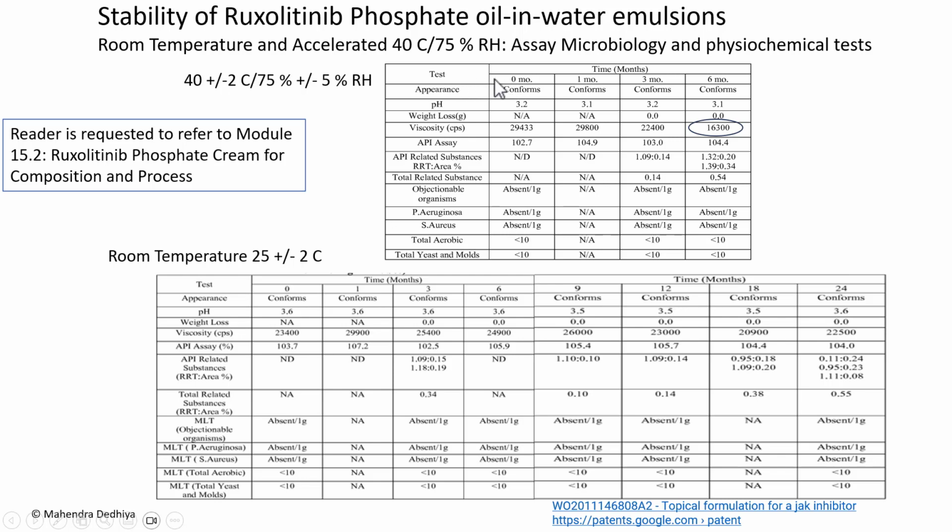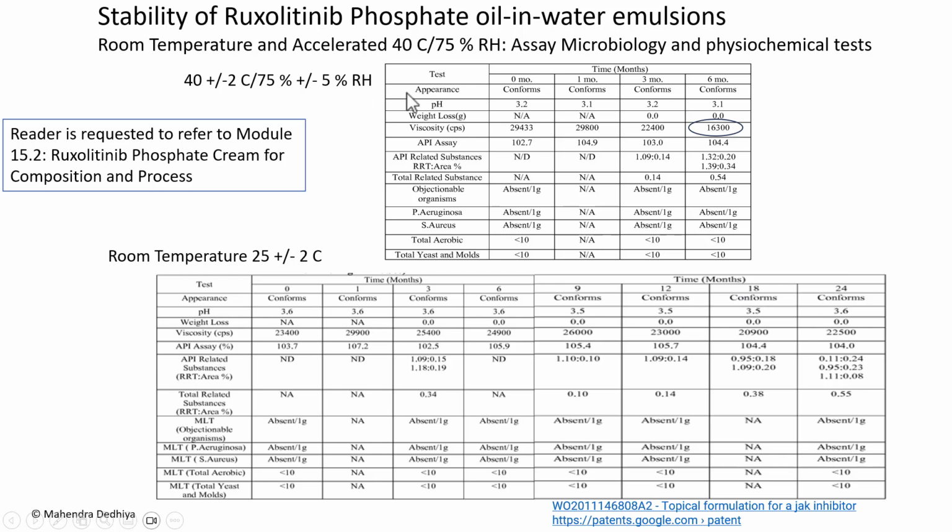Studies are conducted for 1, 3, and 6 months. Room temperature or storage temperature is generally 25 plus or minus 2 degrees and 60% relative humidity. Studies are conducted at initial, 1, 3, 6, 9, 12, 18, 24 months and annually thereafter.